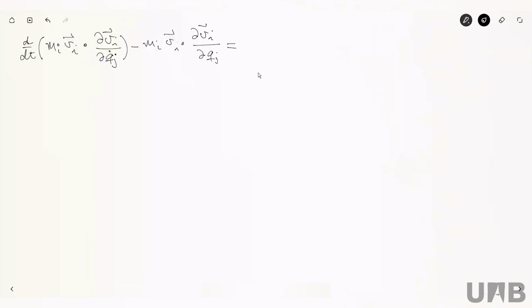All right, so now we're going to take this expression and we're going to rewrite it. The first term, we're going to write it as the derivative with respect to t of the derivative with respect to q dot j of something.